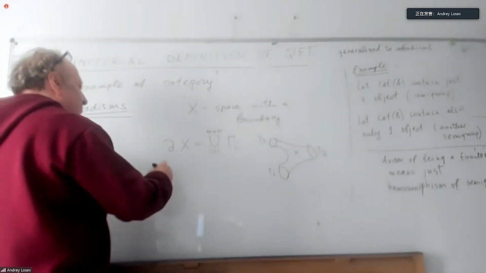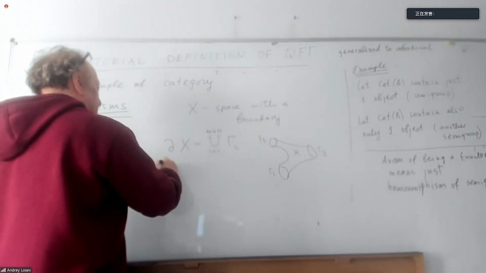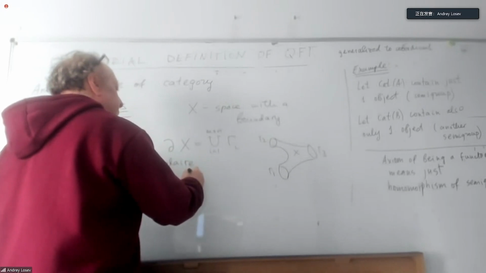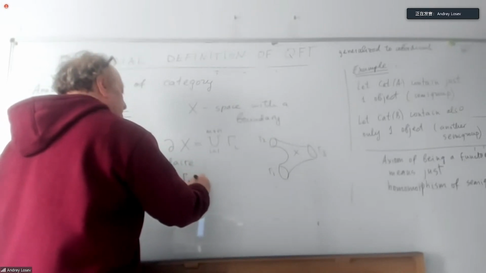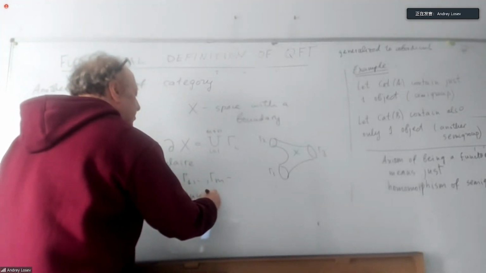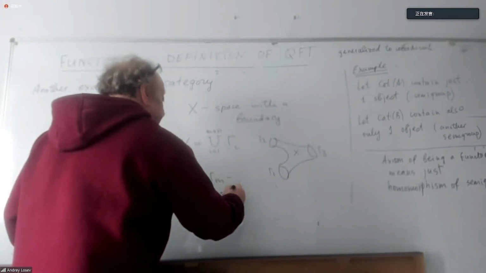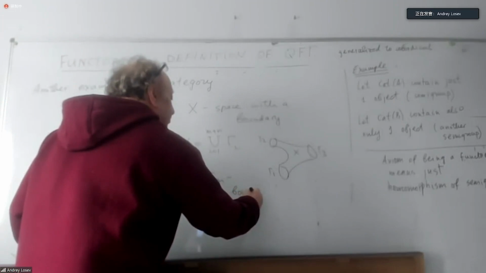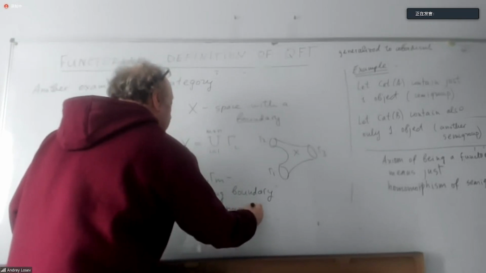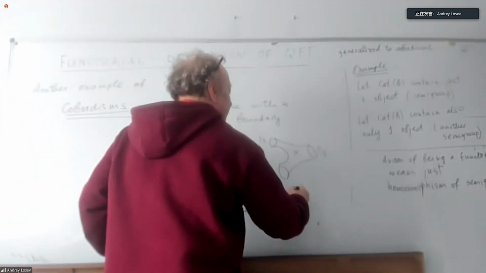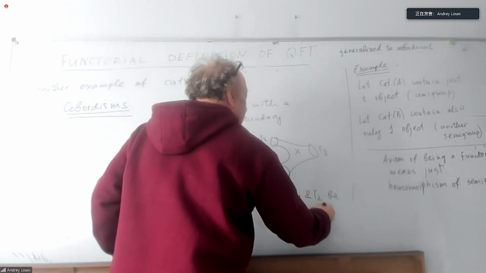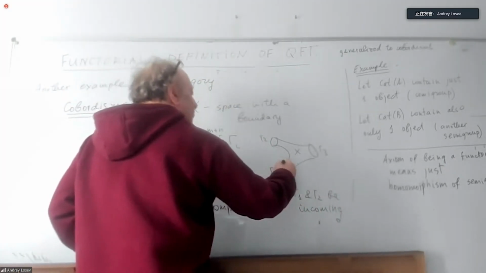I would like to declare gamma 1, ..., gamma m as incoming boundary components. And in this example, let gamma 1 and gamma 2 be incoming, and I will draw it like this.